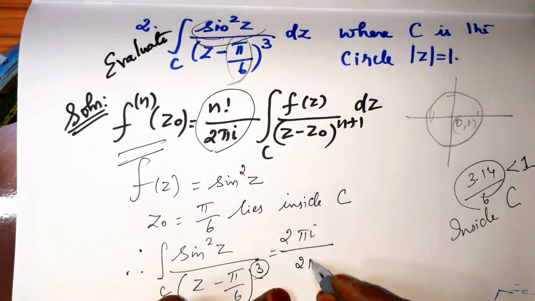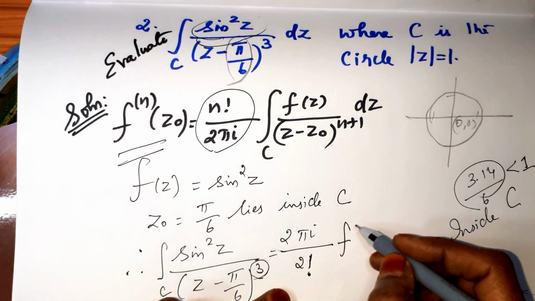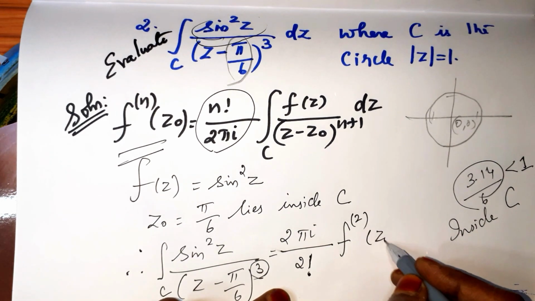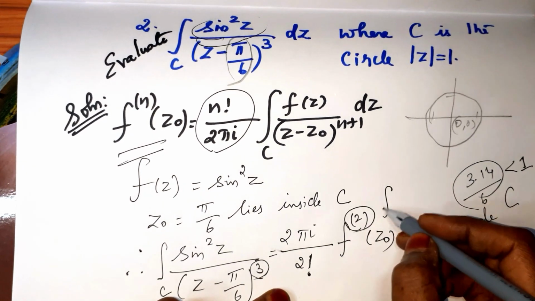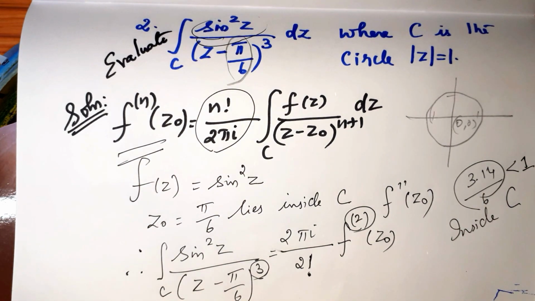So 2 factorial and f2 of z0. f2 means it is f double dash of z0. We have to differentiate twice.